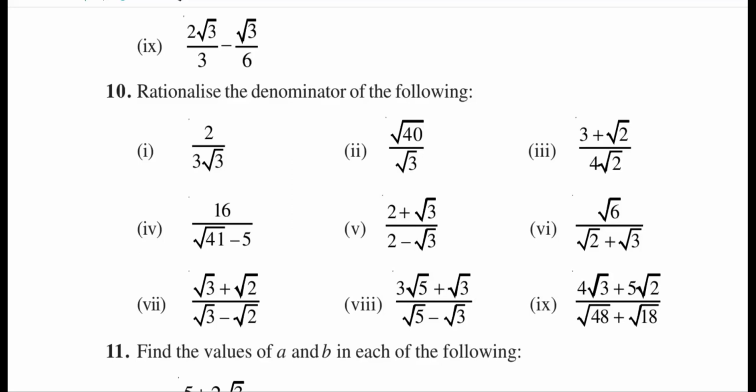Are you doing, Rima? Yes, I'm doing. Okay, do this.